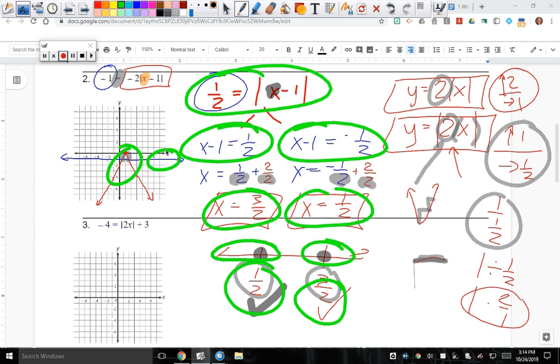If you drew the blue graph correct, give yourself 10. If you actually did what I asked you to do of putting these as points of 1/2, -1 and 3/2, -1, I want you to give yourself 10 points each.